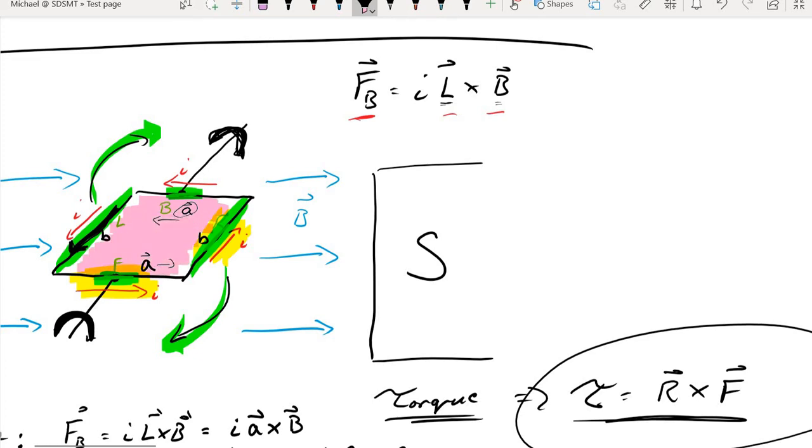If we take the area of this loop and then ask ourselves, what direction is that cross-sectional area facing? Well, it's facing a direction that is normal to the cross-section itself. And we were able to take that idea and use that direction to define the area vector that is associated with that cross-section. As the loop rotates, the area vector will rotate with it.